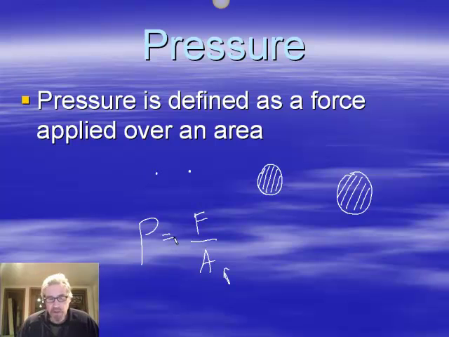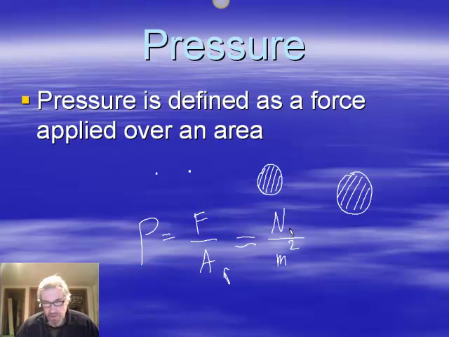Now, if we wanted to think about units, the standard unit of force in the SI system is the Newton. The standard unit of area would be the square meter, a meter by a meter. So this is what we have for an SI standard unit of pressure, a Newton of force over a square meter of area.